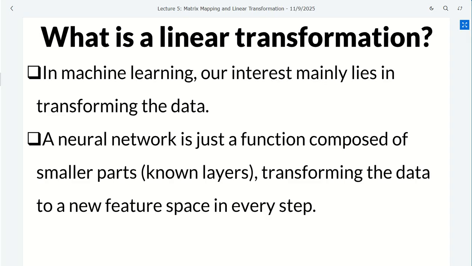The first time I saw this, I was surprised. Say you have a straight line, or a number line, and I have some data here. Let's assume here is A, here too is A, here is B, then here too is A, and here is B, then here is B. Now, if you want me to segregate this data into A and B, it will be difficult because this is one dimension.